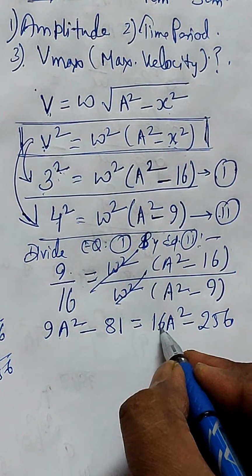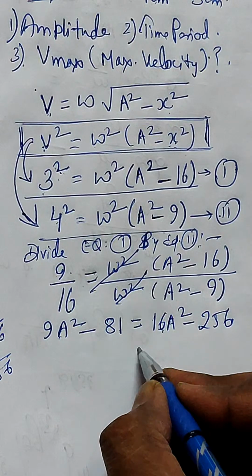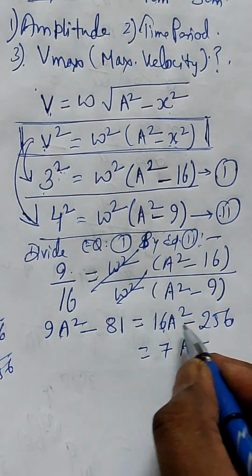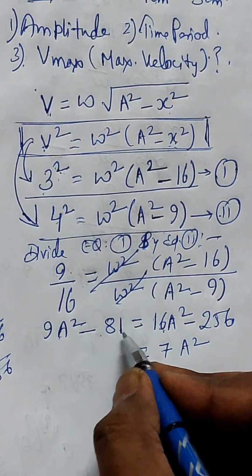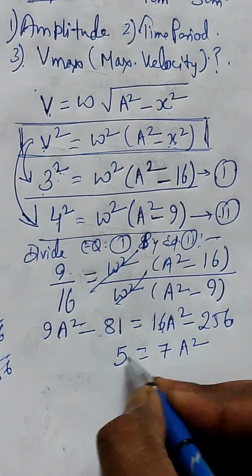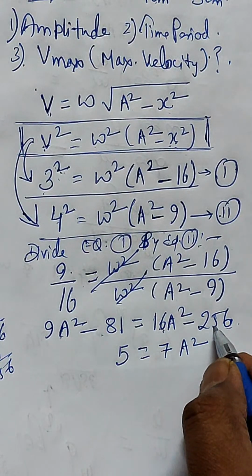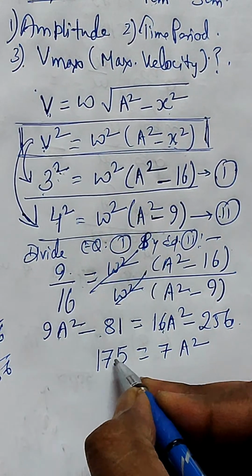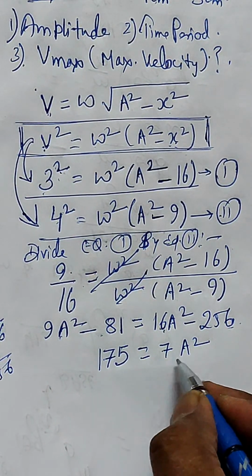Now 16a square minus 9a square will give you 7a square. And when 256 comes to the LHS, it will be 256 minus 81, which is 175. So 175 equal to 7a square.